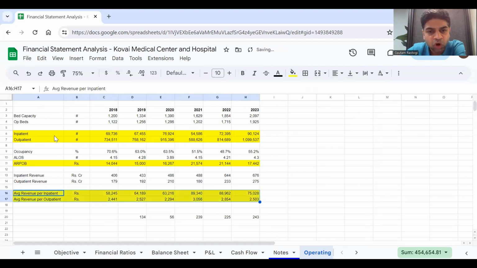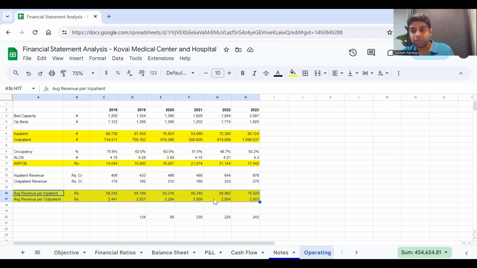The volume of inpatients and outpatients has increased. Average revenue per operating bed increased up till 2021, but then has been on a decreasing trend. Inpatients are patients that are admitted in the hospital, outpatients are patients that are not admitted. The average realization per patient, realization is more of an industry word, increased till 2021, but then there was a fall.